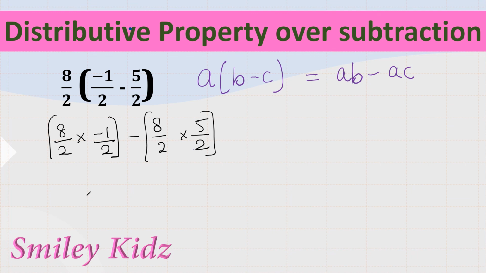We'll be solving the brackets first, which is equal to minus 8/4 minus 40/4.